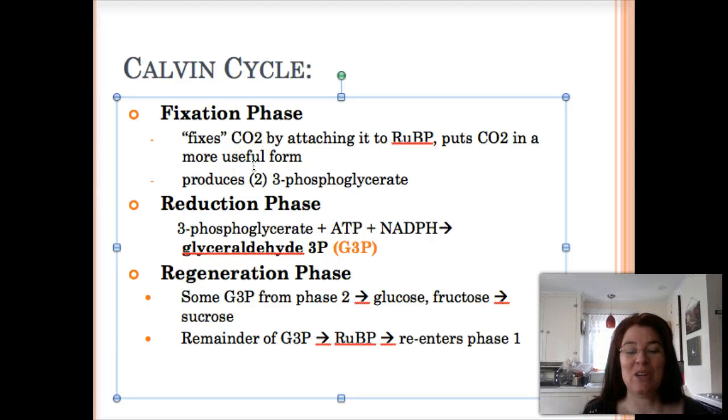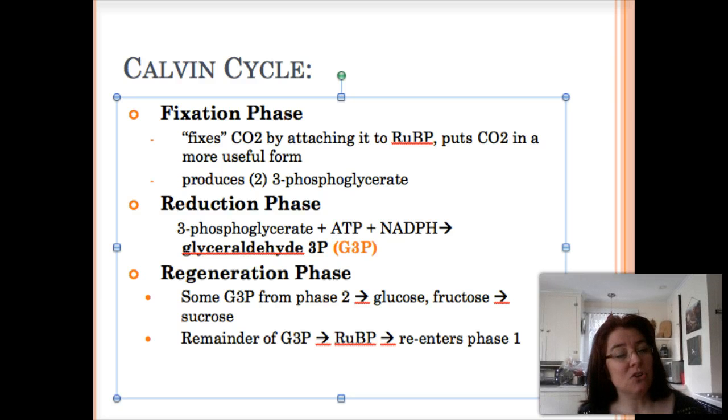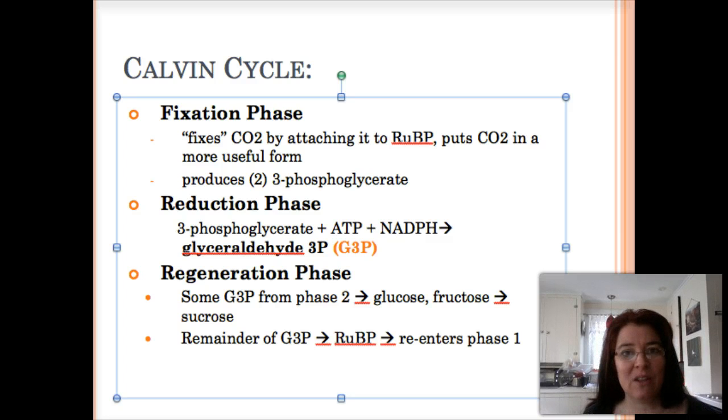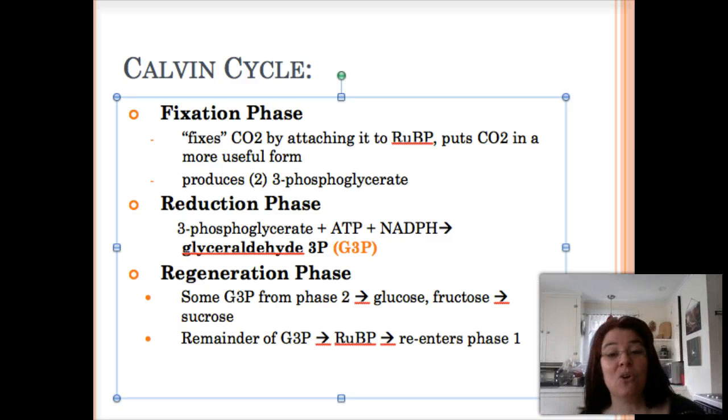And now you understand why we call this the Calvin cycle. It's a cyclic reaction. It continues on as long as we have RUBP available. It's similar to the Krebs cycle in that unless there's oxaloacetate available, we can't feed acetyl-CoA in.